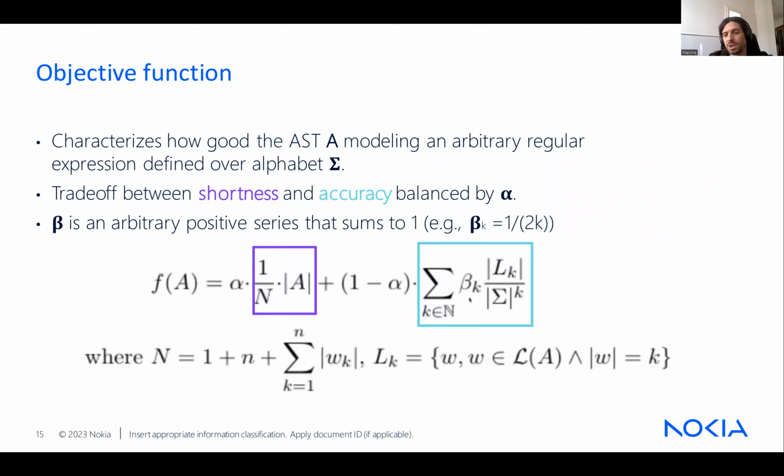Beta k is also a positive series. So in our experiment, after 30, it would be 6 to the 30, and that's a value that will become negligible very quickly.